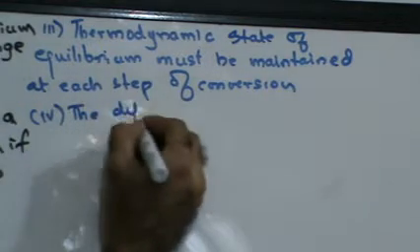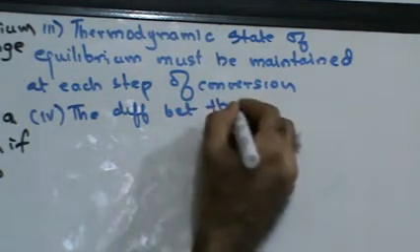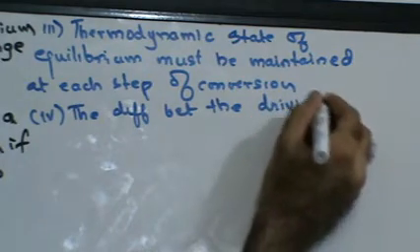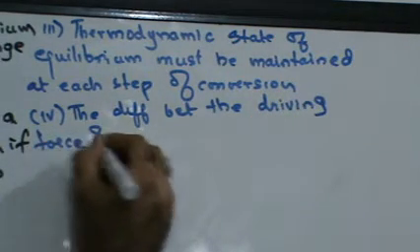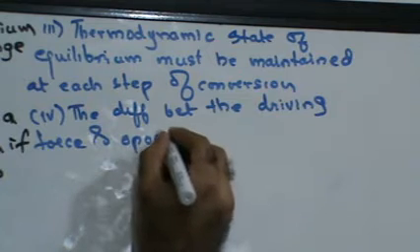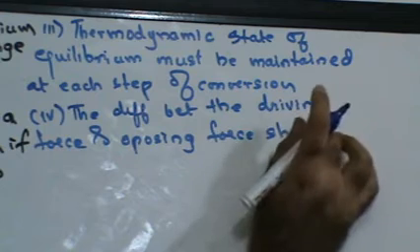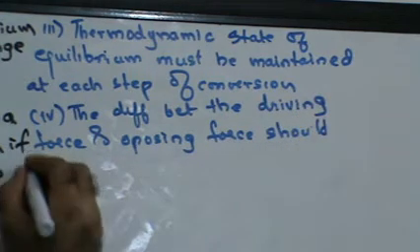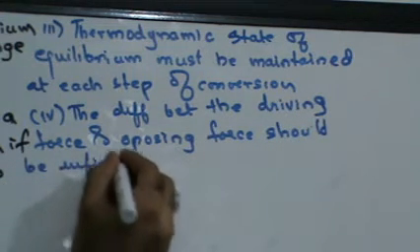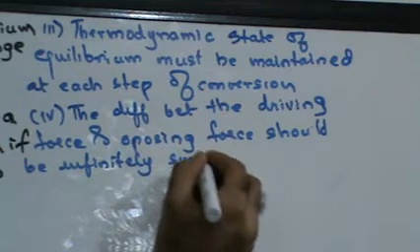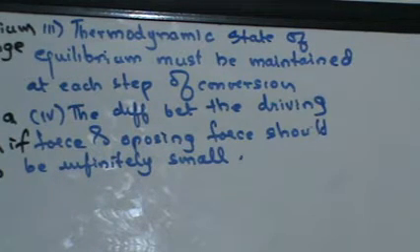Is this clear? So those are called reversible processes. They are non-spontaneous processes. They are man-made processes. So these are called reversible processes.